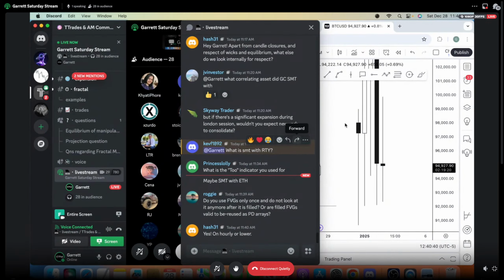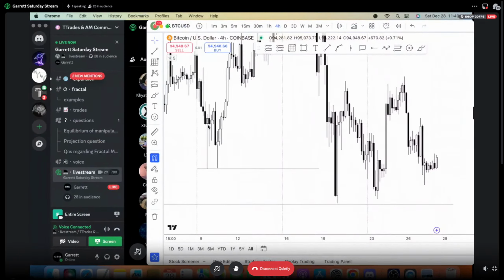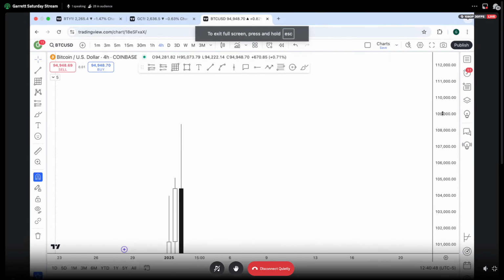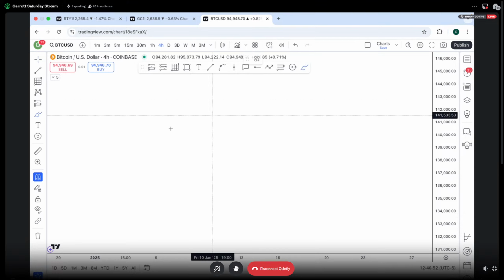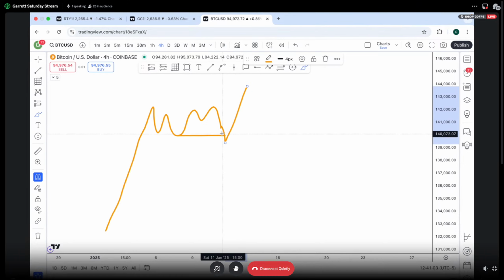On hourly or look. Yeah, my whole thing for me personally is just phase of price and open, high, low, close. That's the basis of any model. So if I see consolidation, I want to see if we trade into this low, I want to see price react right away. I want to see manipulation.